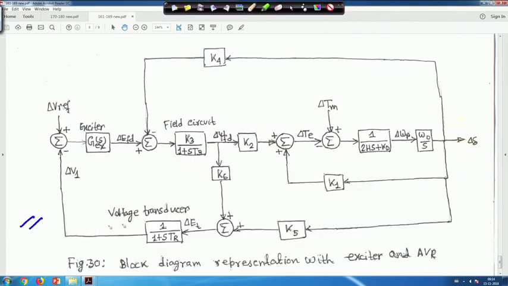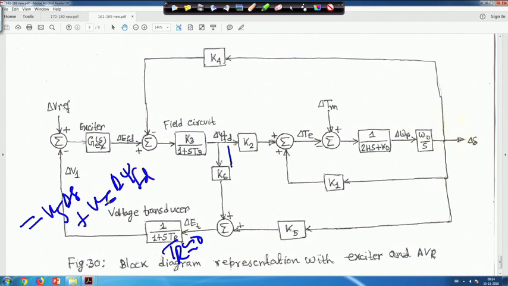We have seen that T R is neglected, say it is 0, right. Then the input to this, delta V 1, will be k 5 delta delta plus k 6 delta psi f d, and that is equal to delta E t, since T R is neglected, right.